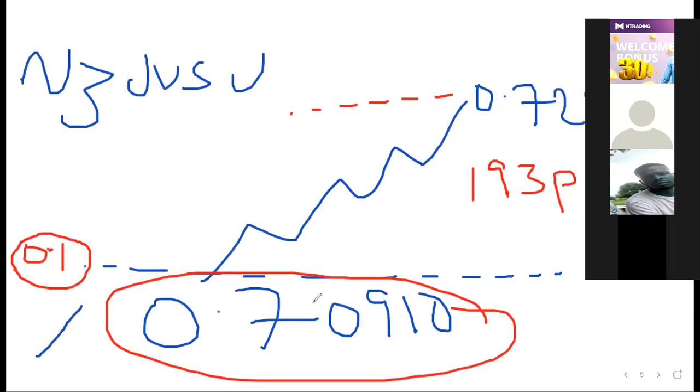Now let's go back to our previous question. The market moved 193 pips. How much has he made? Who can give us the answer? 193 US dollars. Beautiful.